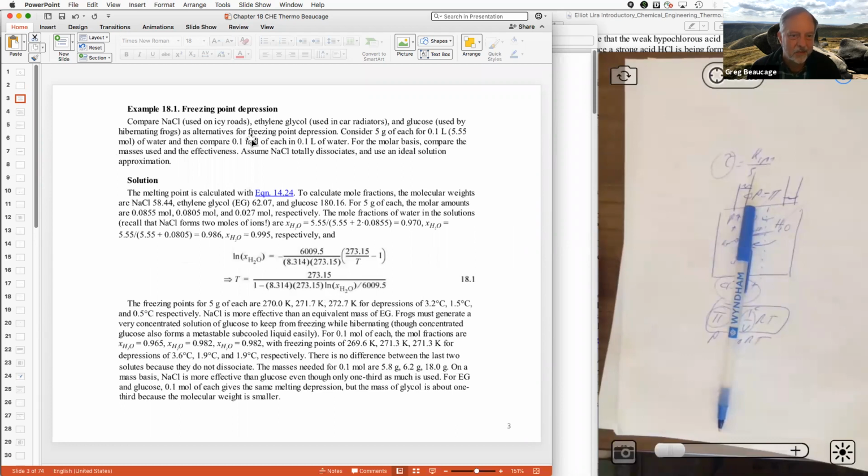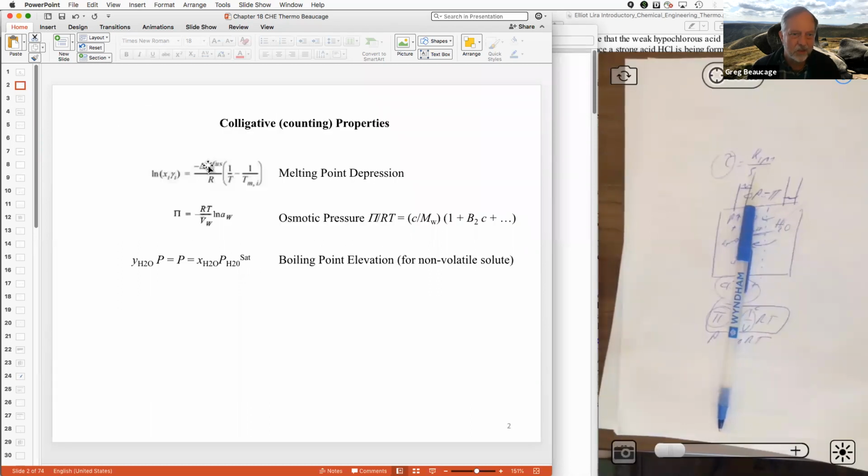We've already done this freezing point depression business, right? Put sodium chloride, ethylene glycol or glucose to melt the ice, and then which one works better? Just plug into this melting point depression equation.